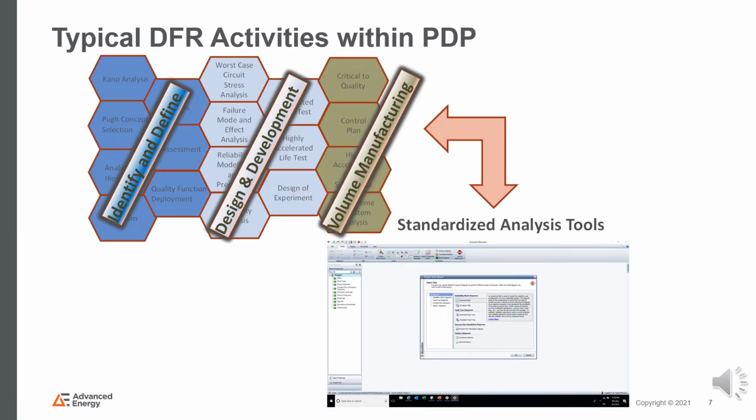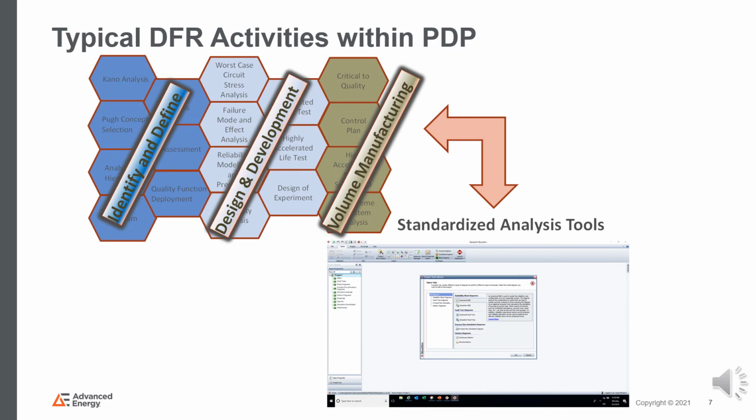Now let's review the DfR activities we perform at various stages in the product lifecycle: the identify and define stage, the design and development stage, and volume manufacturing. Let's be clear that these stages are not product development phases as we apply at AE.